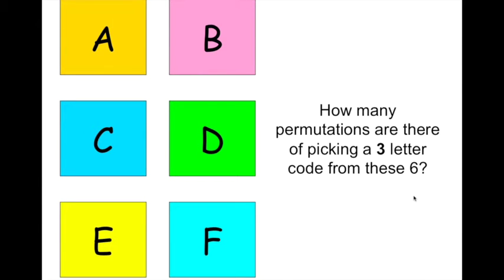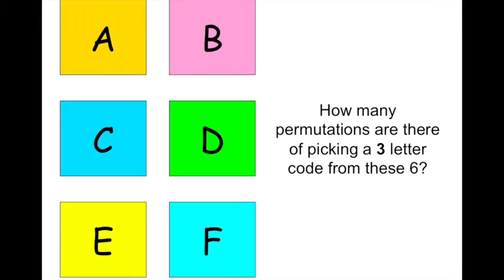Let's now think of the same thing again, with the exact same letters, but let's imagine now picking a 3-letter code. So for example, it could be ABC, or it could be ABD, and so on. Let's then think of that code. How many ways are there that the first letter could be chosen? Well, there's 6 possible first letters.